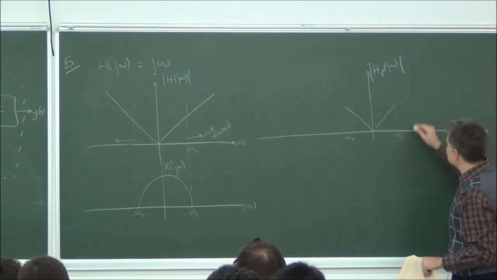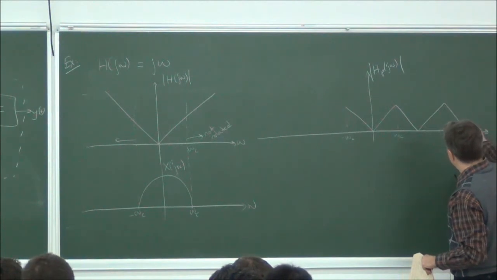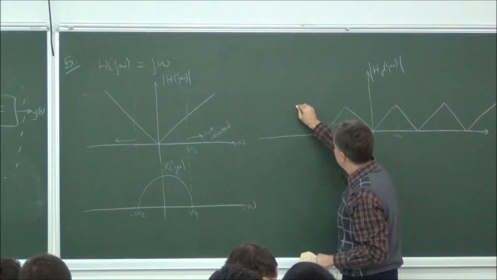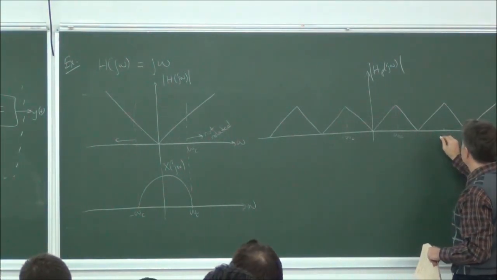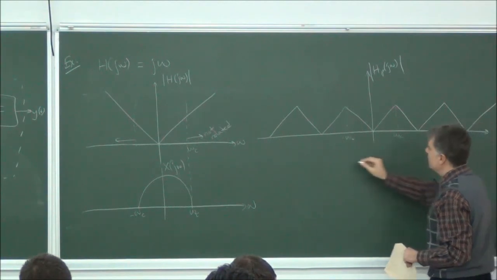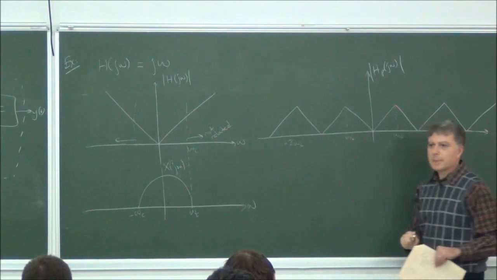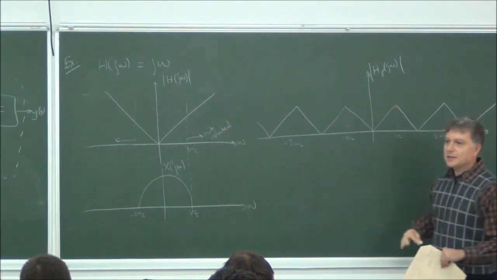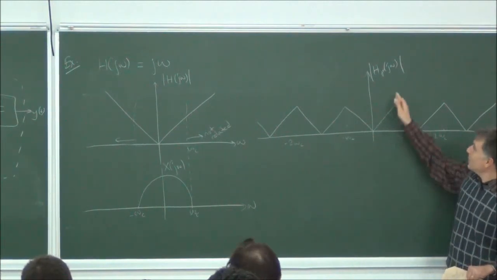So what I'm going to do is repeat this pattern. This one is twice omega c, and this is minus 2 omega c, and it is going on. I'm periodically repeating this central pattern. Now, what does this correspond to?